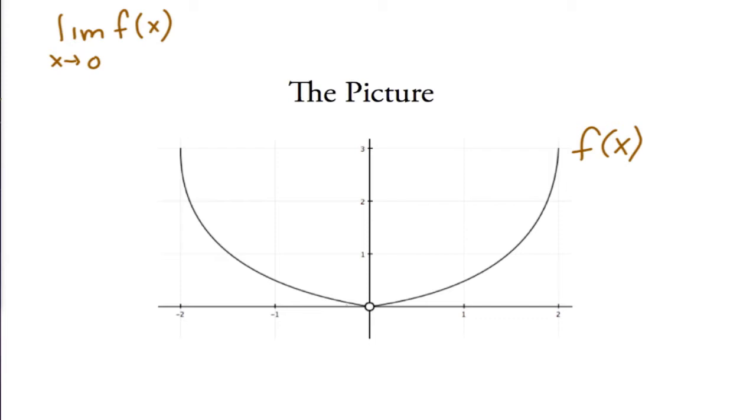Okay, so let's say we're trying to prove that the limit as x approaches 0 of f of x is equal to 0. So this is sort of the thought process: the definition says that for any epsilon greater than 0, this has to work for epsilon.